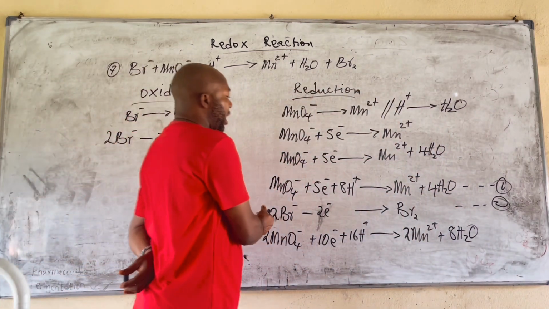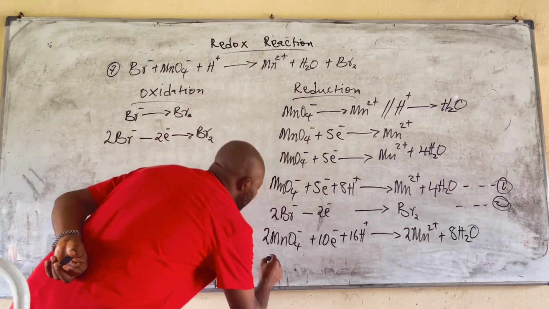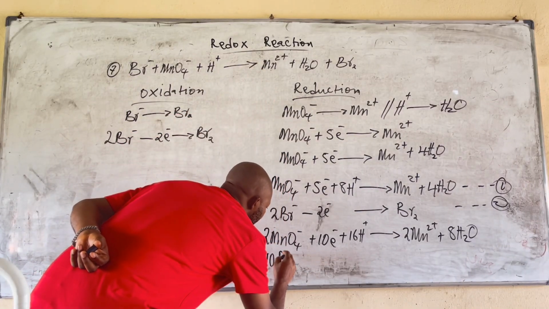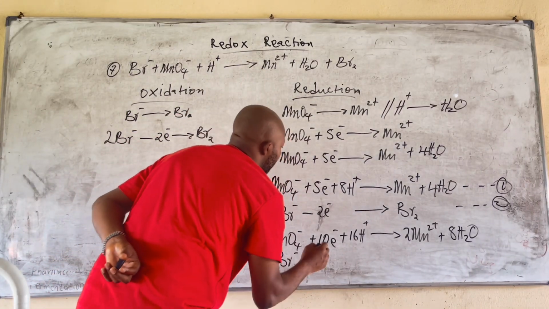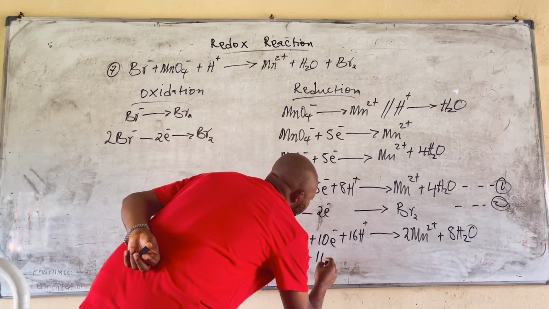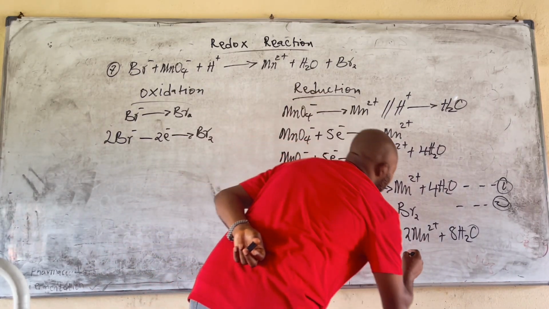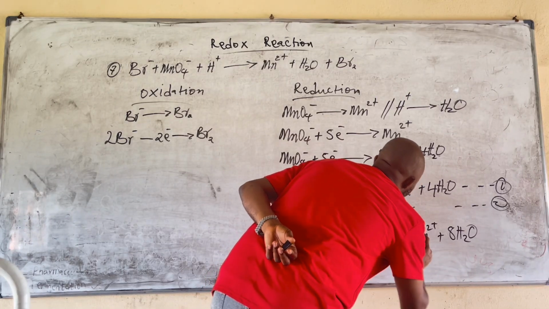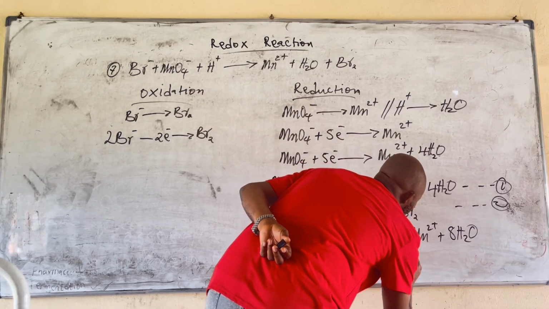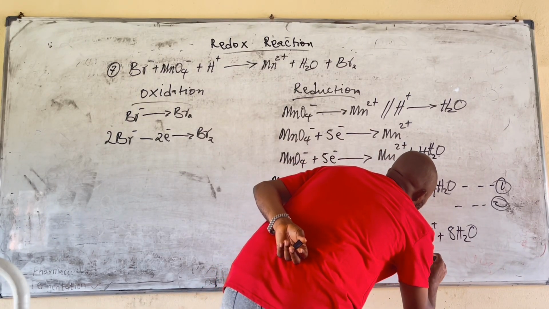Now this will be multiplied by 5. 2 times 5 is 10 Br minus, 10 electron. It was 5 times 5 Br2.